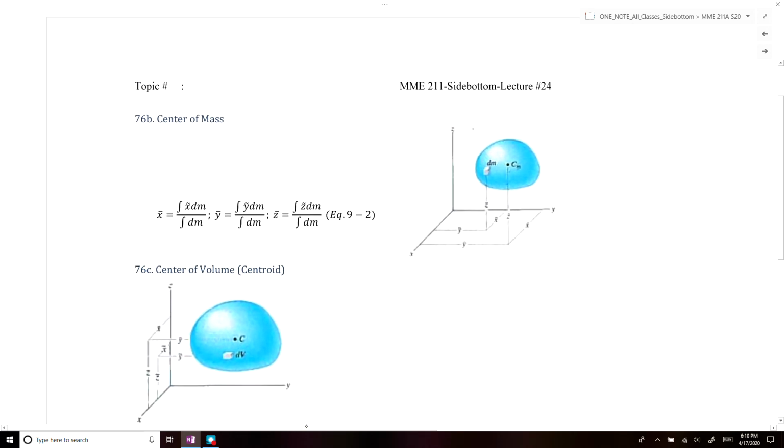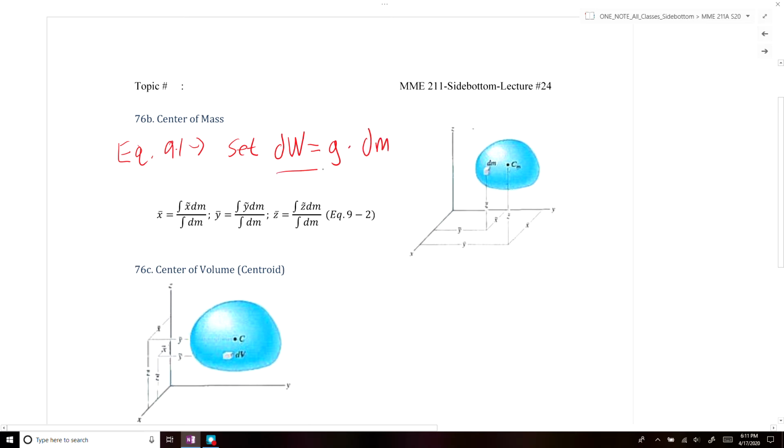So we can use our center of gravity definition to determine our center of mass of our object. If we take equation 9.1, which was the equation on the last page, we can set the differential weight of our element equal to the gravitational constant times dm.